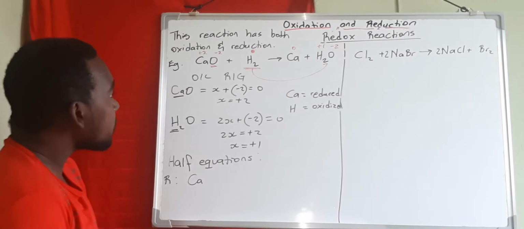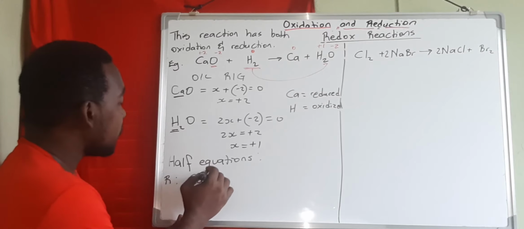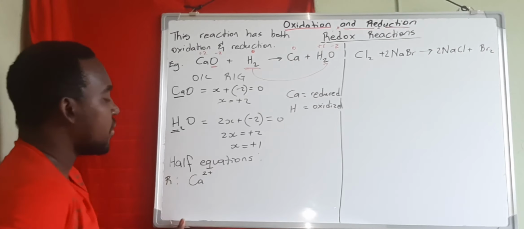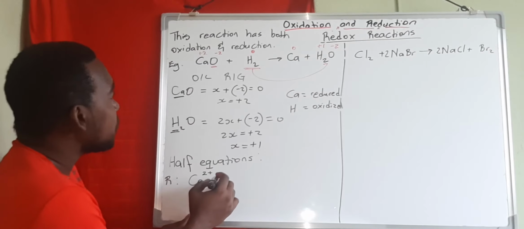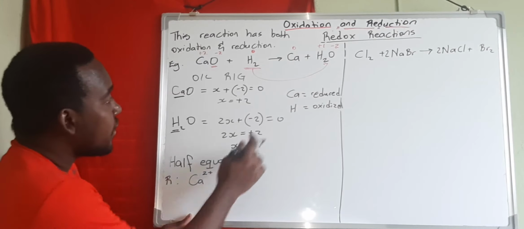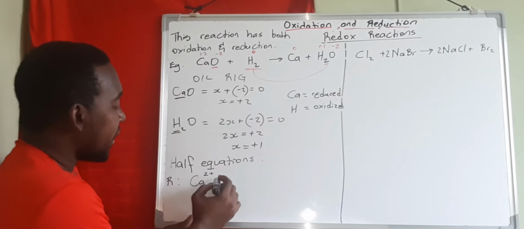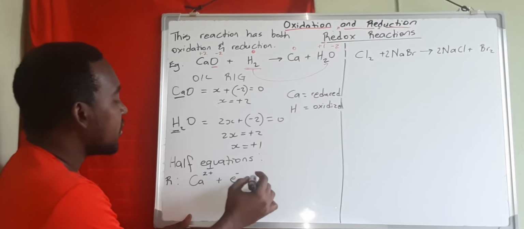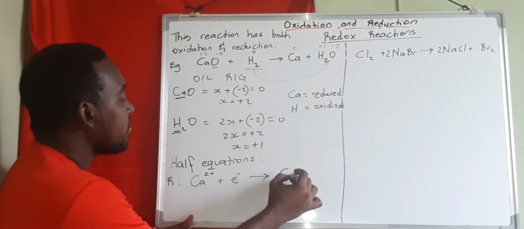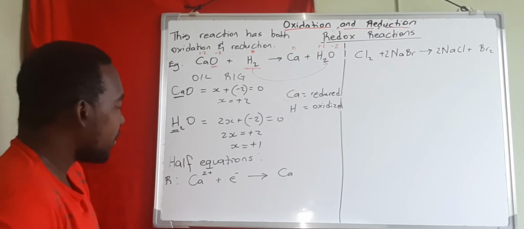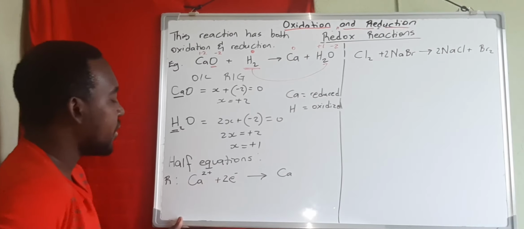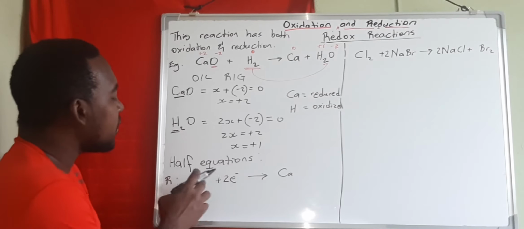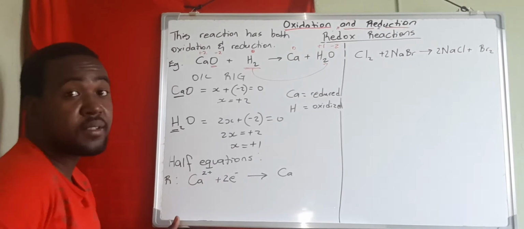We have calcium 2 plus, because we just found that calcium is +2. Calcium 2 plus will be reduced, meaning we gain electrons, and it became calcium metal. So we balance off the ion form, so we put a 2 here. So 2 negative and 2 positive, we get 0.